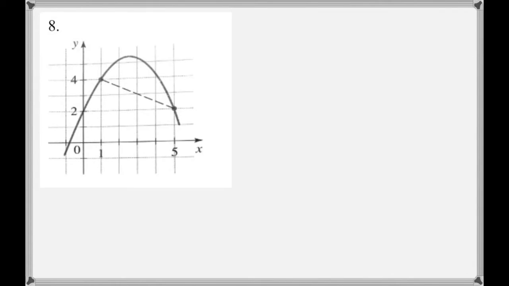For number 8, we're asked to find the average rate of change between the indicated points on the function. So our average rate of change is between x is equal to a and x is equal to b. So this is as you go from the left to the right.